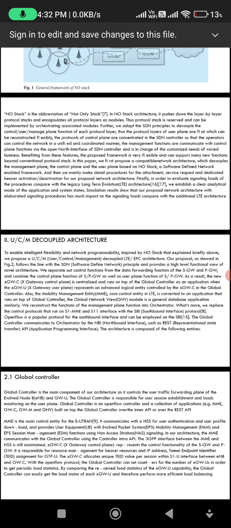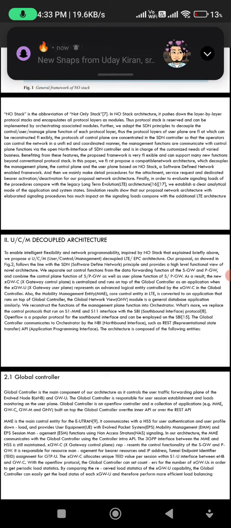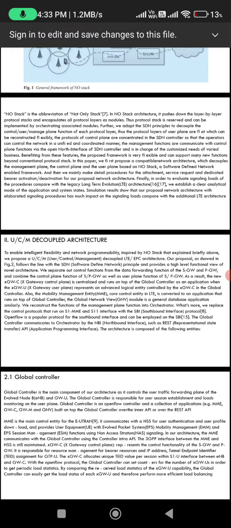Thus, the protocol layers of the user plane are flat, which can be reconstructed flexibly. The protocols of the control plane are concentrated in the SDN controller so that the operators can control the network in a unified and coordinated manner. The management functions communicate with control plane functions via the open north interface of the SDN controller and are in charge of the customized needs of varied business.